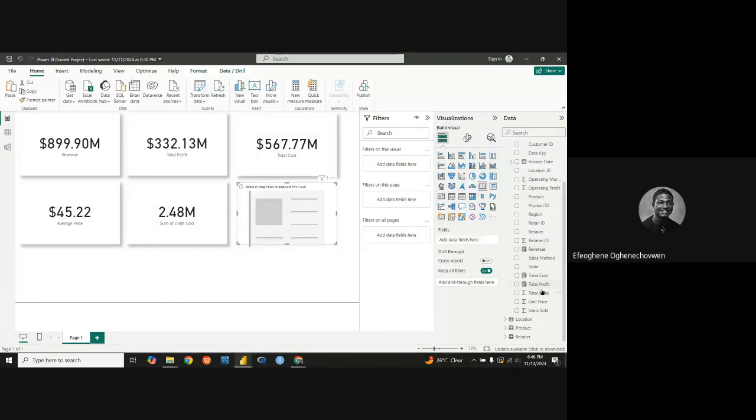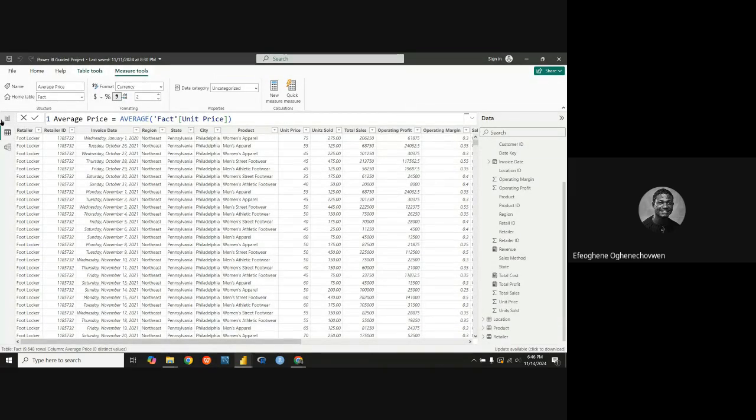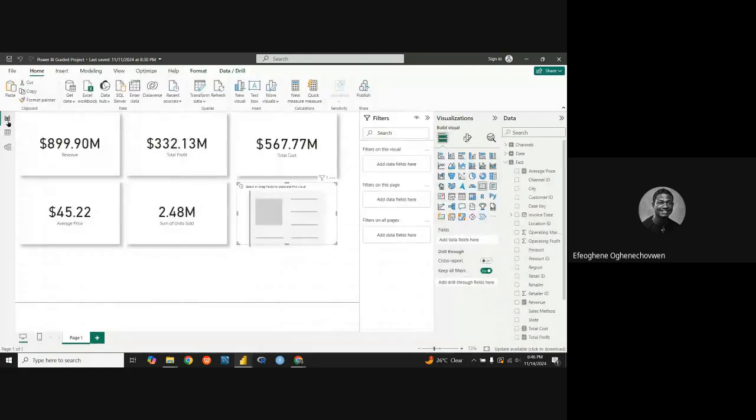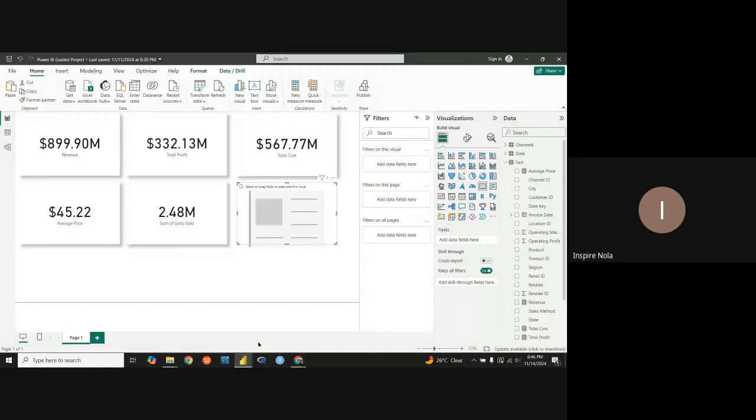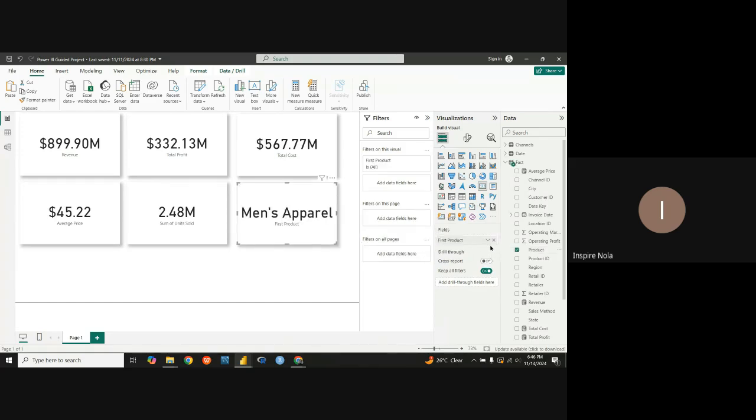No. Anyone want to try how we get unit total count? I think it's for the product. Like this, then you click on distinct count. All right. So it's that simple.